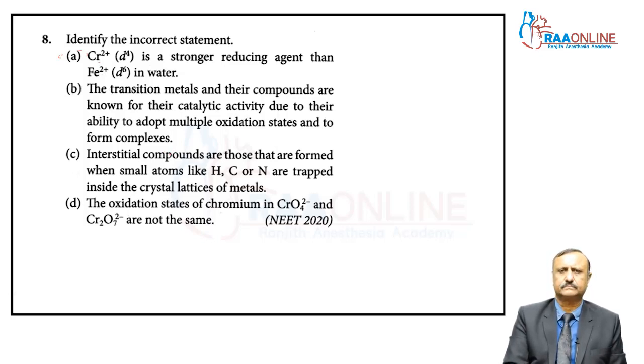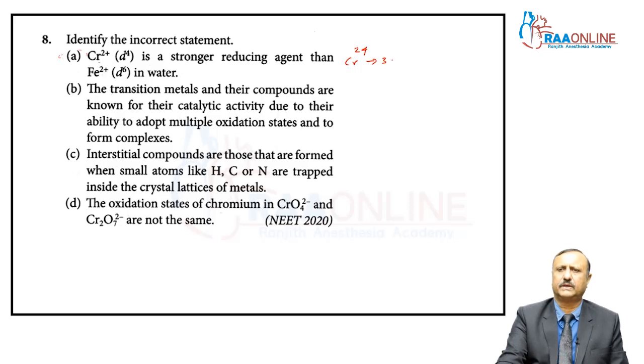So, it may be because in chromium, when you can see the chromium, what is the atomic number of chromium? Scandium, titanium, vanadium, chromium. Means, my dear students, it is the 24th atomic number. You can see a 24th atomic number.